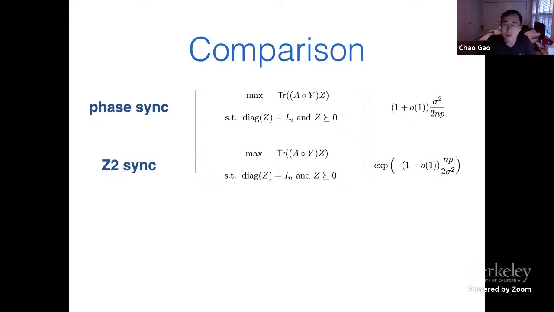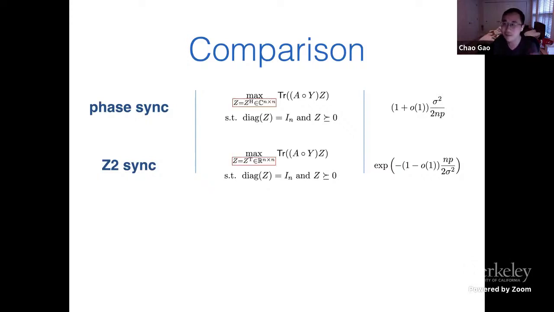And here I list the different optimal errors for the two SDPs and also the definition of the two SDPs. Well, you may be curious to notice that the definitions are exactly the same. So what's going on? Actually, they are not exactly the same. I deliberately tried to hide something very important, right?